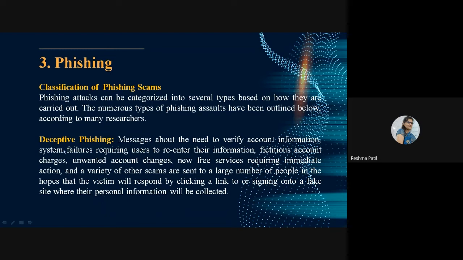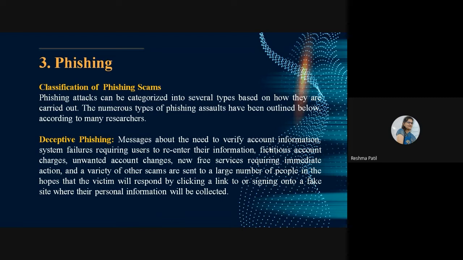So here they are sending a message. That message will contain information such as verification of your account or some charges applied to you. Pay these charges. So when you are going to pay the charges, it will redirect you to a fake website. At that time you will reveal your sensitive information.